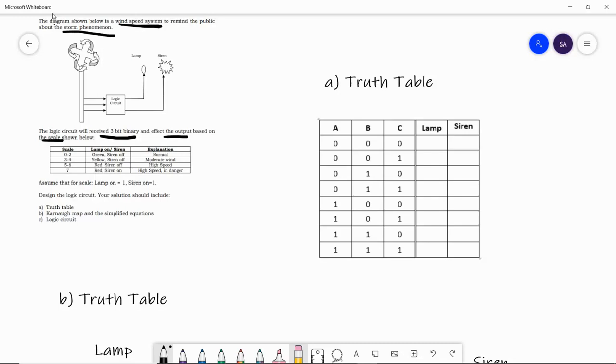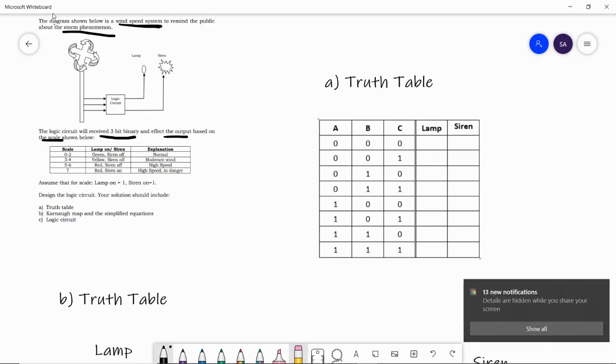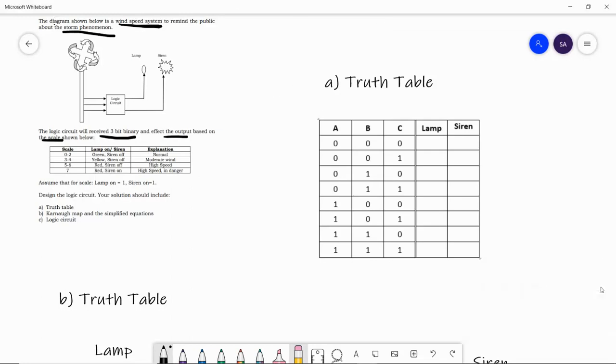Okay, and if you have a scale of 5 to 6, it means your lamp is on with the red, and the siren is off. And when you have a scale of 7, the lamp is on with the red light and the siren is on, meaning high speed, which we consider a danger.